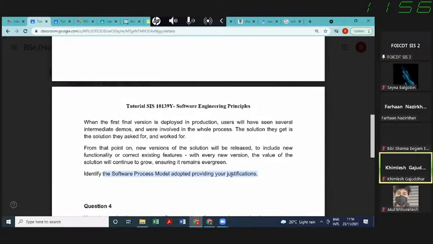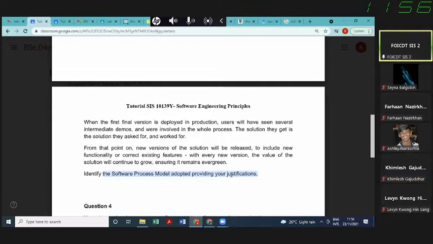The V model. Our friend talked about the V model, but in the V model the left part is on implementation and the right part is on testing. It completes all the implementation first, and then goes for testing on the right side.